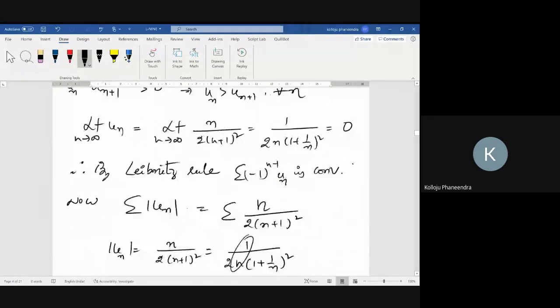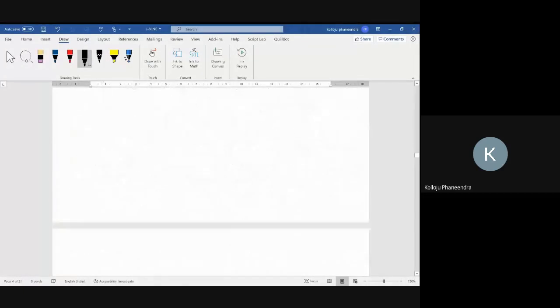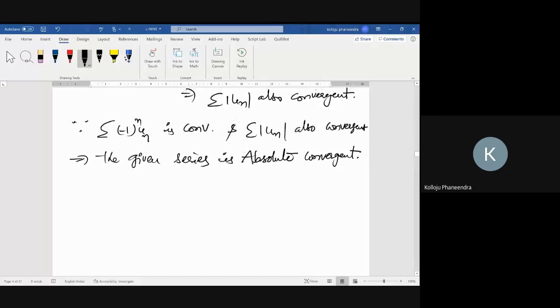Because the syllabus is very heavy, we are omitting that topic, alternate series involving x terms. That goes to power series. That is why we are neglecting that. That's also okay, no problem.